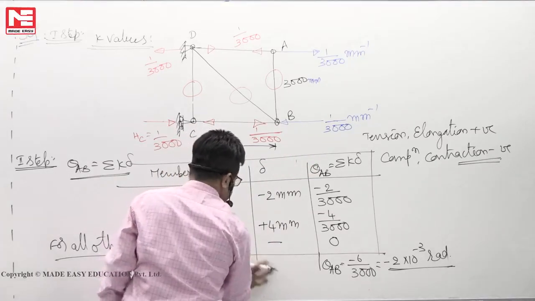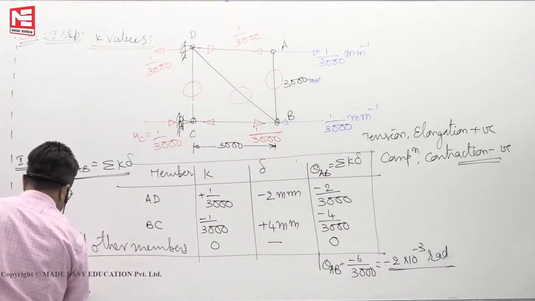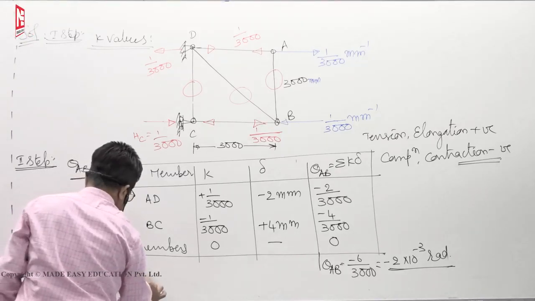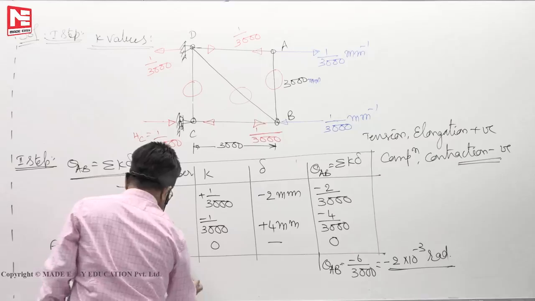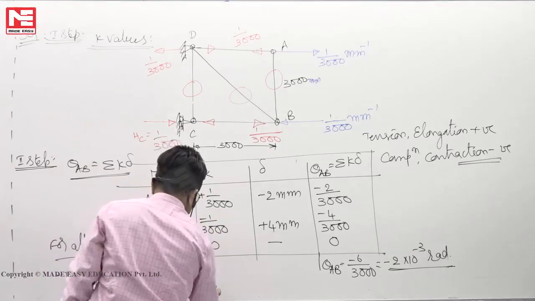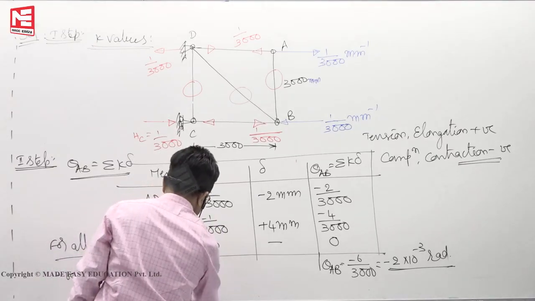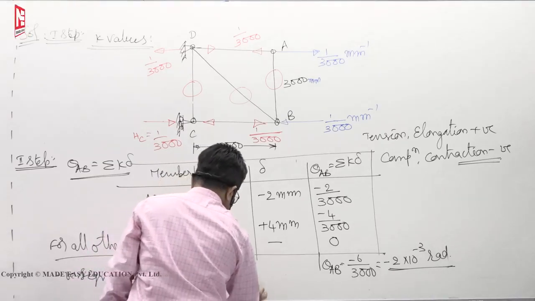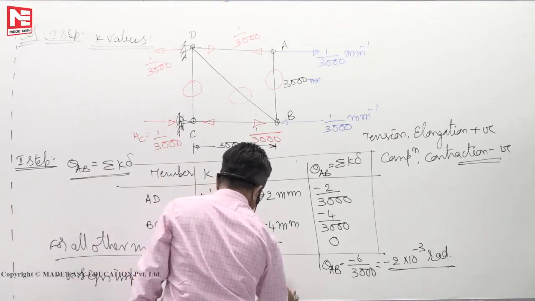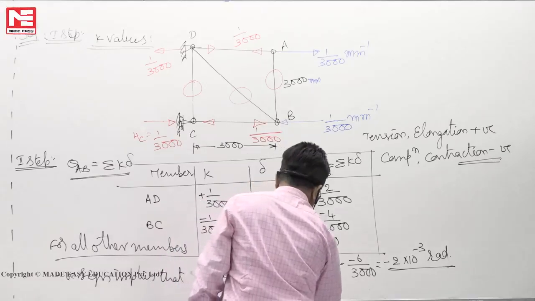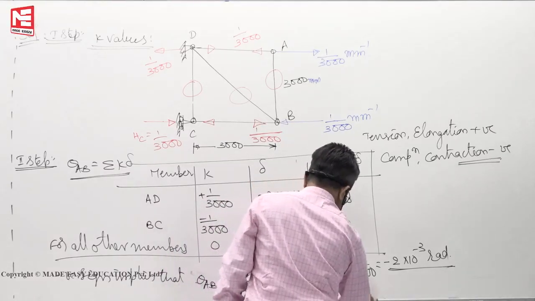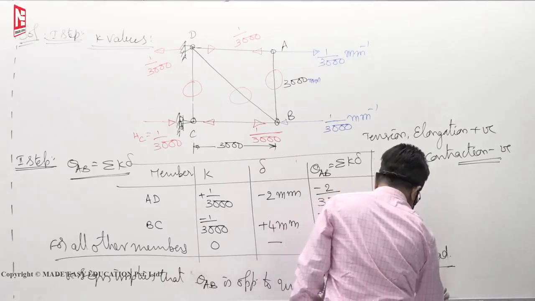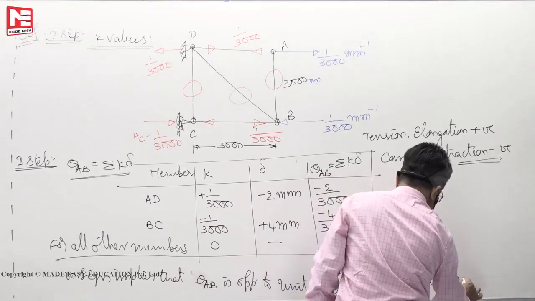So the negative sign implies that theta AB is opposite to the unit couple. That is, theta AB is anti-clockwise.